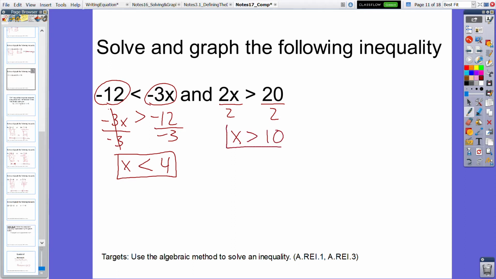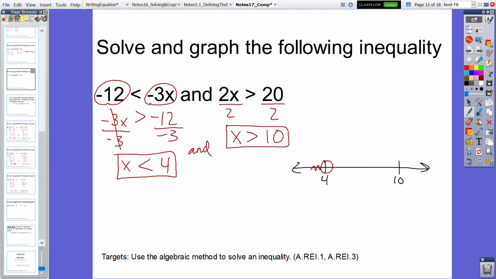Okay, so this inequality tells me I need to look for numbers that are both less than 4 and greater than 10. Problem is though, if I go to graph this, I know how to graph all my numbers less than 4 and greater than 10. So remember, the idea of an and inequality is that we're looking for overlapping regions.